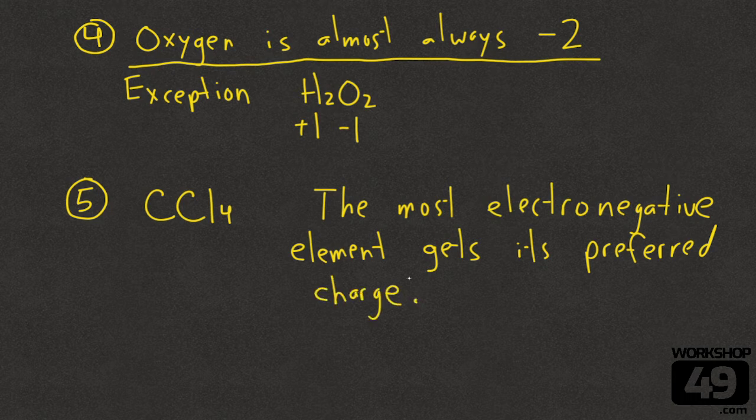If you're not sure which one's the most electronegative, it's typically the element that's further to the right and up on the periodic table. Think your halogens, definitely not the carbon. In this case, chlorine is the most electronegative. Chlorine's preferred charge is chloride, which is a -1. So we get that -1, and that's how we can assign something.